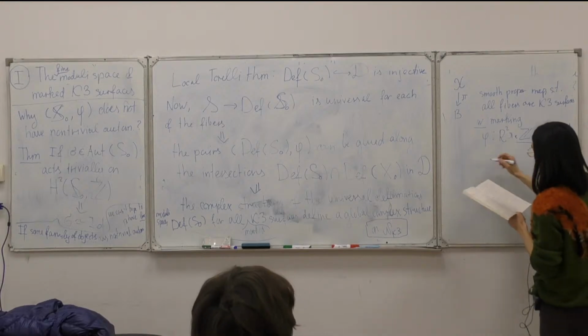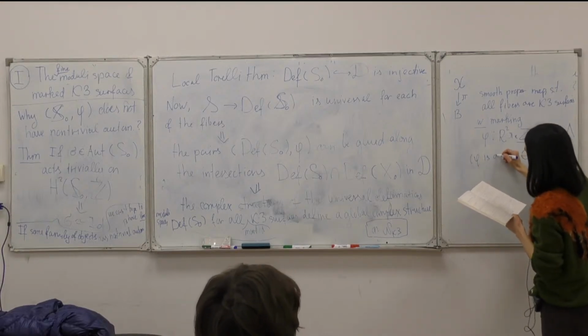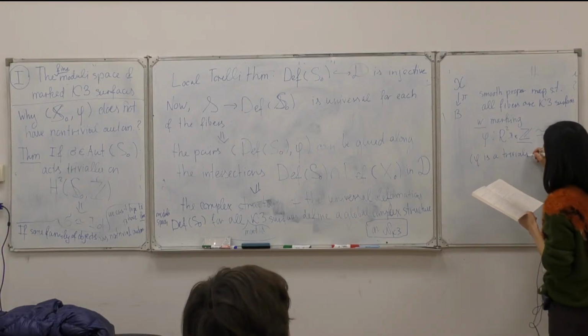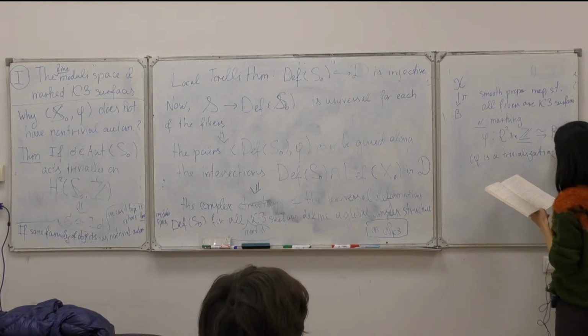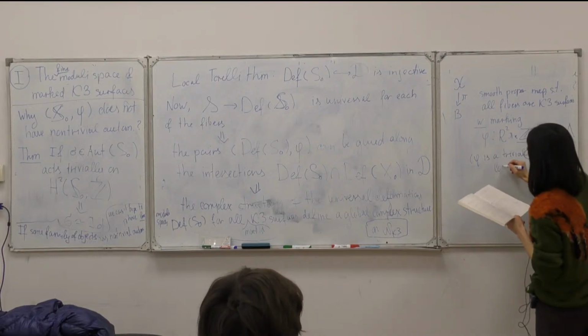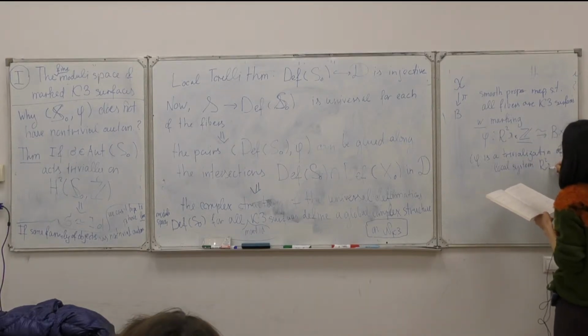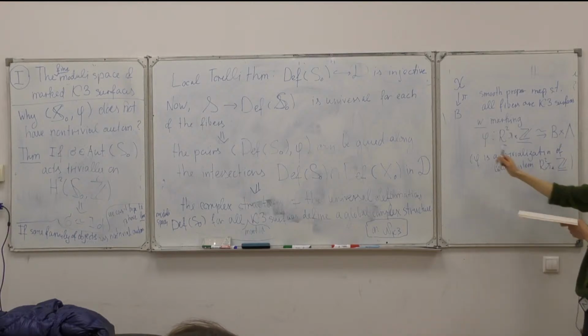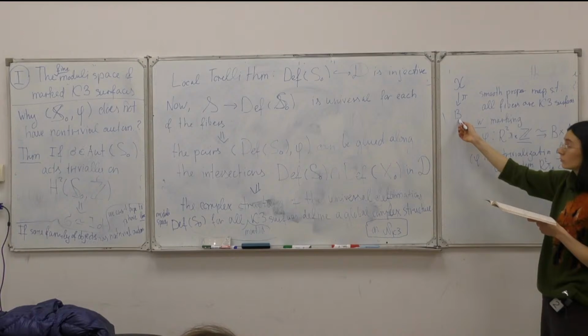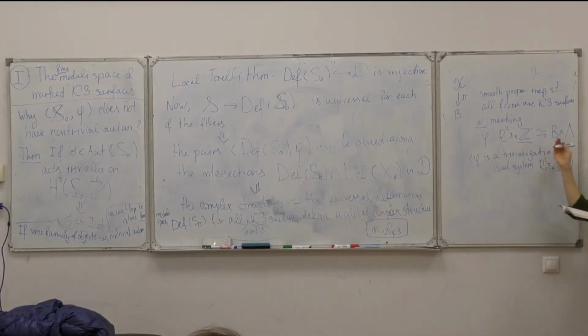So phi is a trivialization of the local system R2. Recall that before we supposed that B is simply connected, so we obtained a trivialization automatically. Here, for families of marked K3 surfaces, we ask this isomorphism to exist as our supposition. Okay?